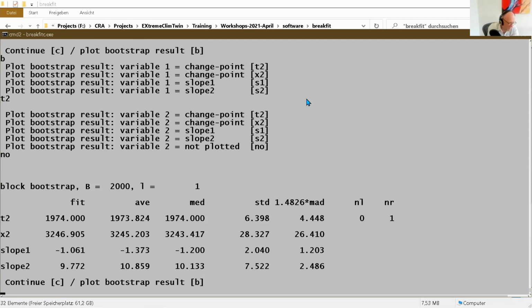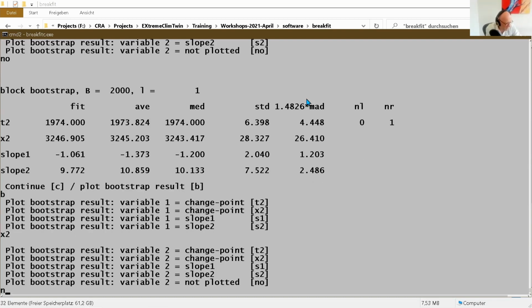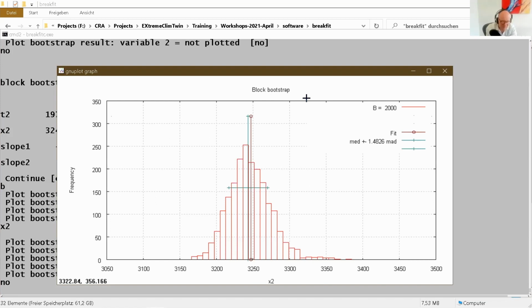And okay, we can also plot other things. I press B again, and then maybe X2, and again a histogram. Okay, there it is. We see some skewness to the right.